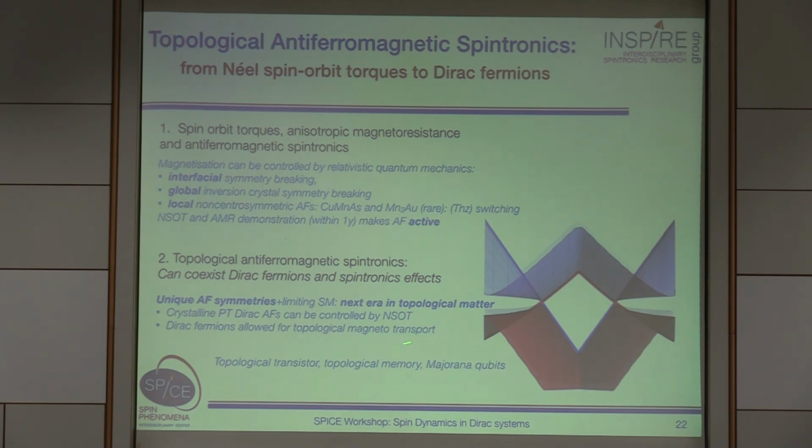And another benefit goes the other way around, where the presence of these Dirac fermions, either in real space or in k-space or in some other combined spaces, can lead to extremely large topological magnetotransport, as I have shown with this topological anisotropic magnetoresistance.